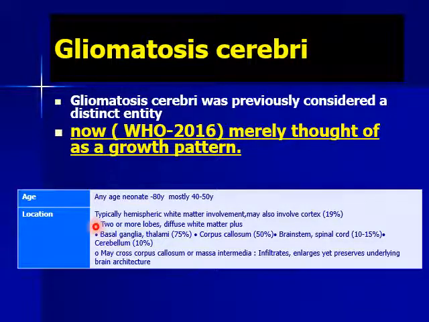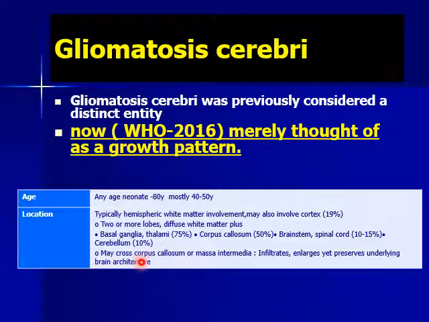It typically affects hemispheric white matter with involvement of the overlying cortex. It can occur at any age, but most commonly in the 40s to 50s decades. The criteria: there should be 2 or more lobes affected, in addition to lobes plus basal ganglia or thalami, corpus callosum, brainstem, or spinal cord involvement.